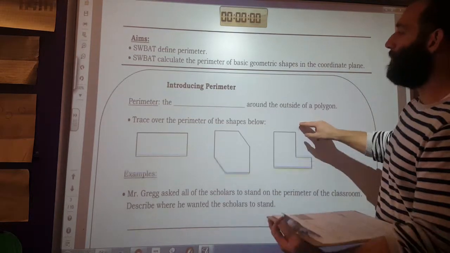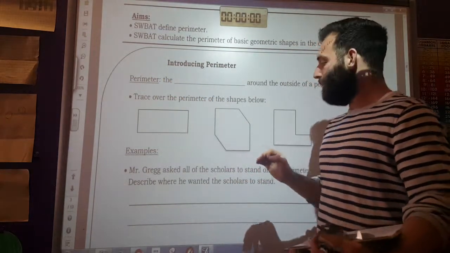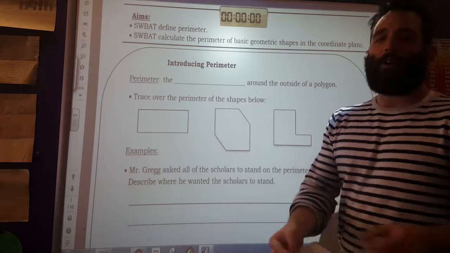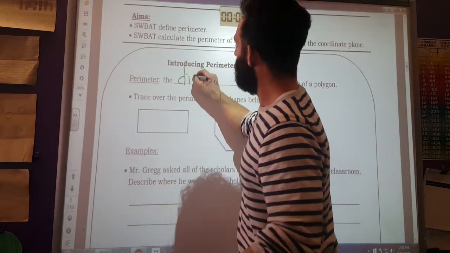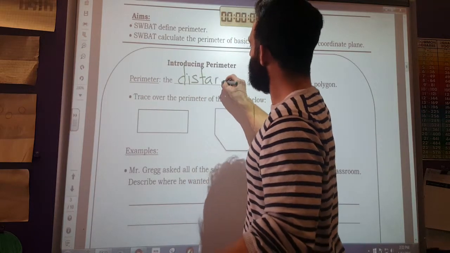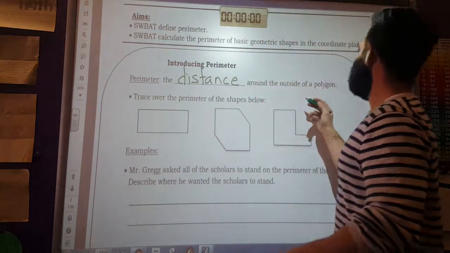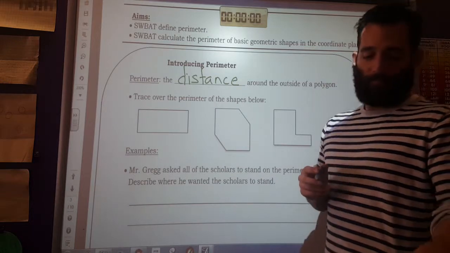Now, perimeter. Perimeter is the distance around the outside of a polygon.